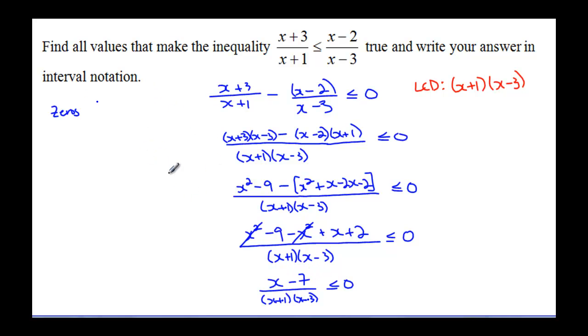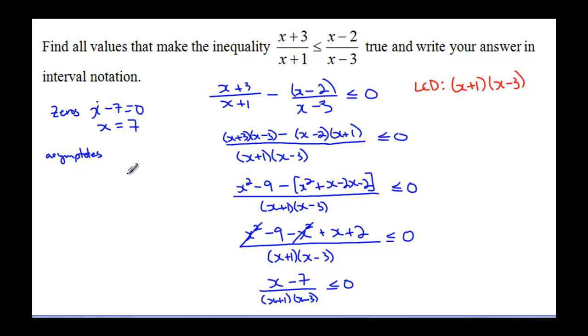So we take the numerator and set it equal to 0. So we get x minus 7 equals 0, x is equal to 7. So we only have one zero. And then we need to find our vertical asymptotes, because these are the things that are going to divide up our x-axis.